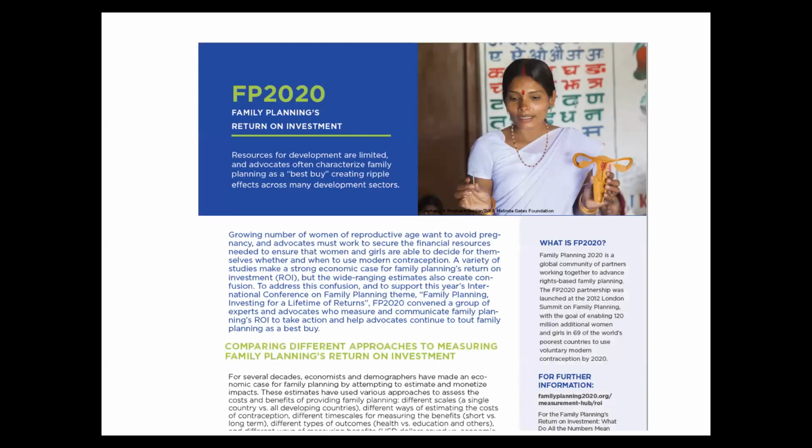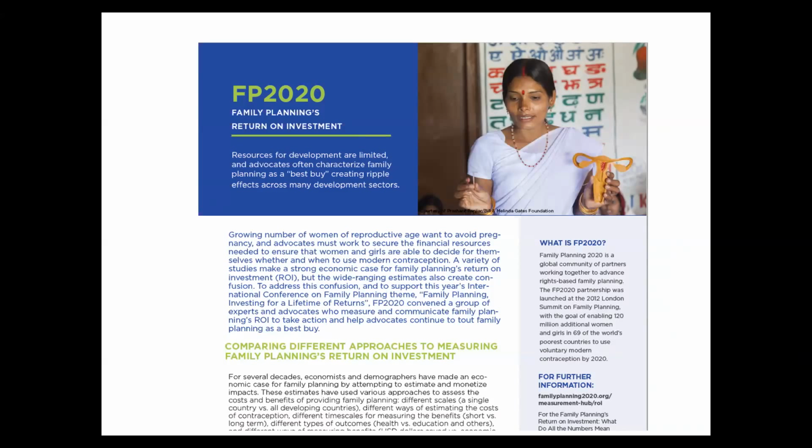So as we go into the International Conference on Family Planning, we're hoping to provide you with a resource that explains these different approaches. FP 2020 has put together a one-pager that will be included in the family planning conference bags that explains different approaches and why they're different.